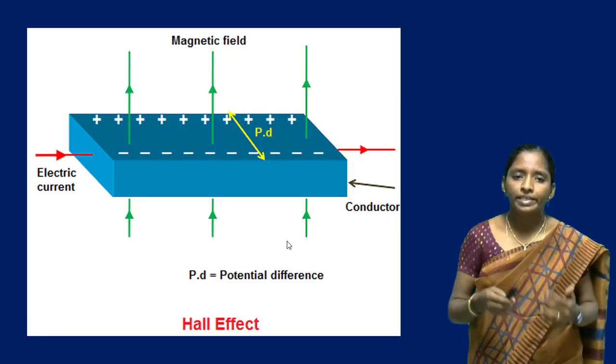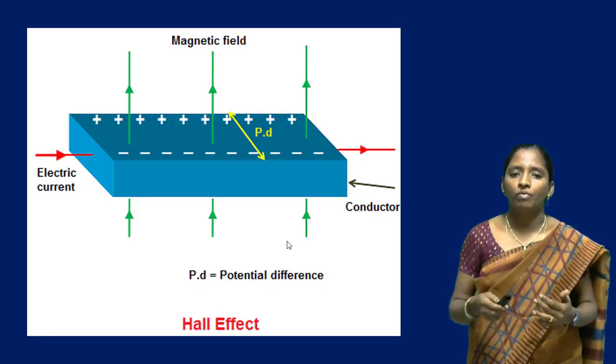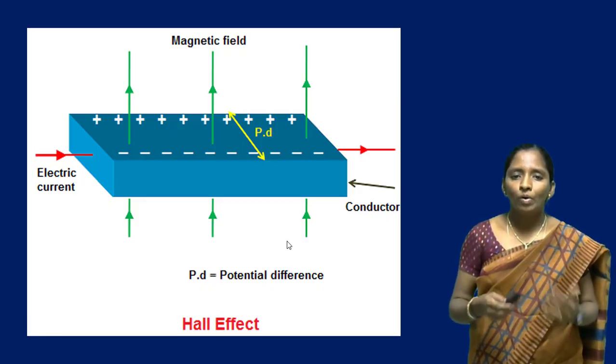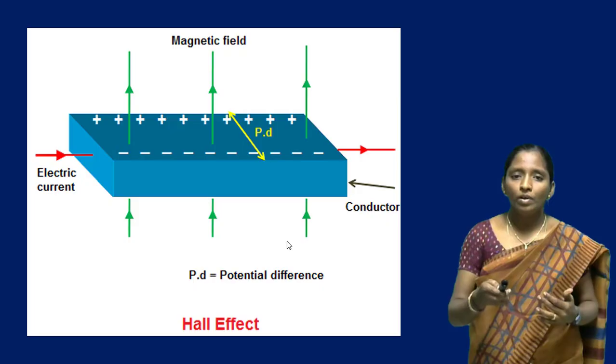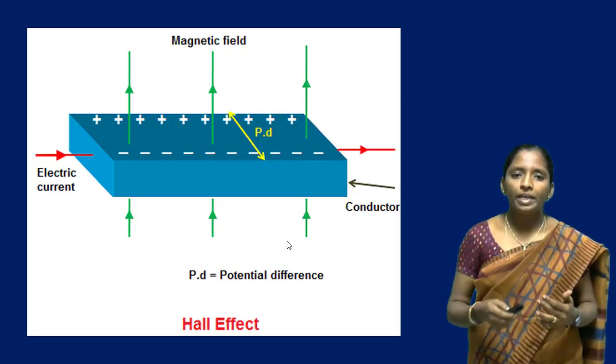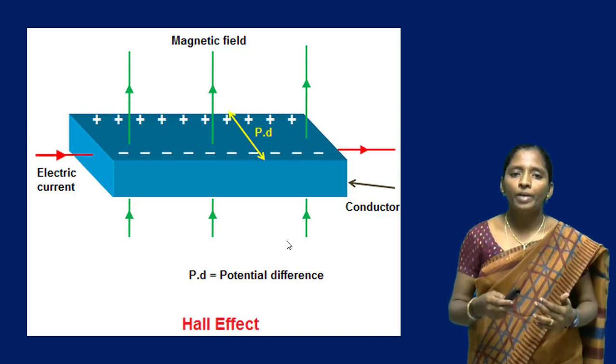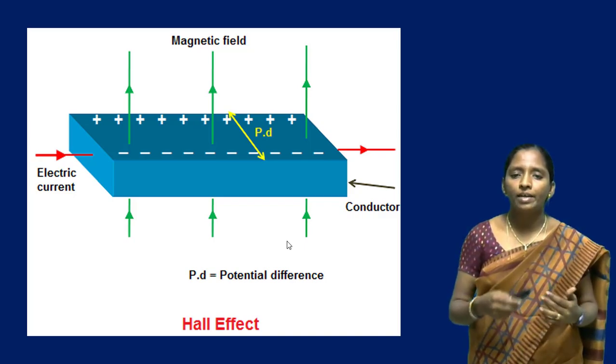There is an electric current flow due to the holes and electrons, and a potential difference occurs in the current carrying conductor. So if you apply a magnetic field to a current carrying conductor, a potential difference occurs perpendicular to the magnetic field.